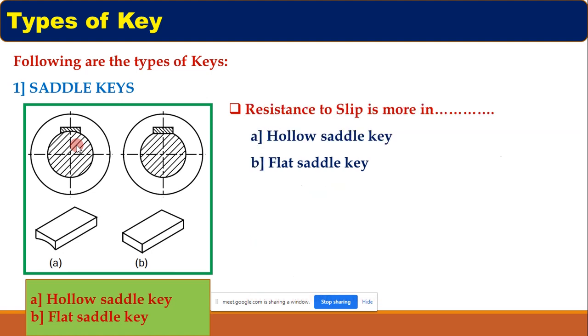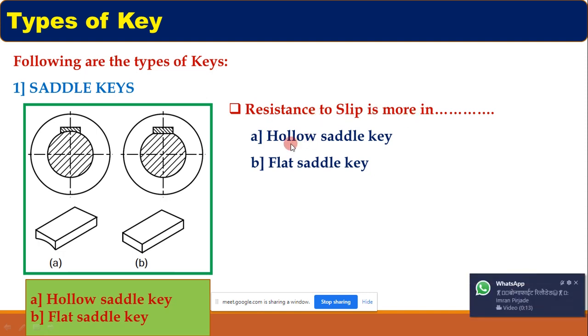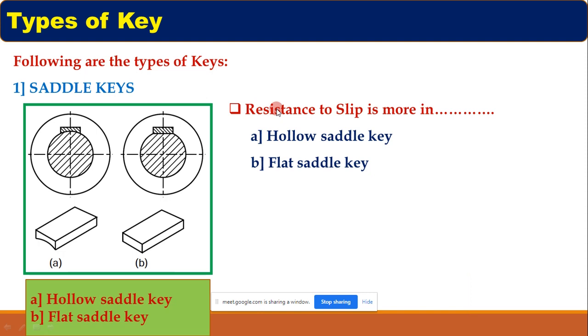Okay, now here you have to think on this point. I have purposefully added this slide here. Resistance to slip is more in option A, hollow saddle key, or option B, flat saddle key. Consider these two diagrams and note down this question: resistance to slip is more in dash dash dash.